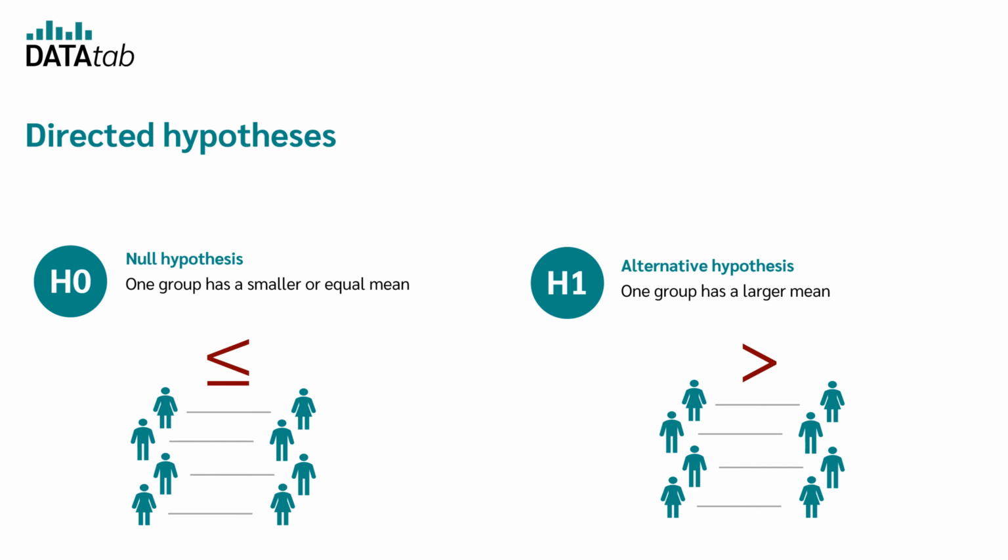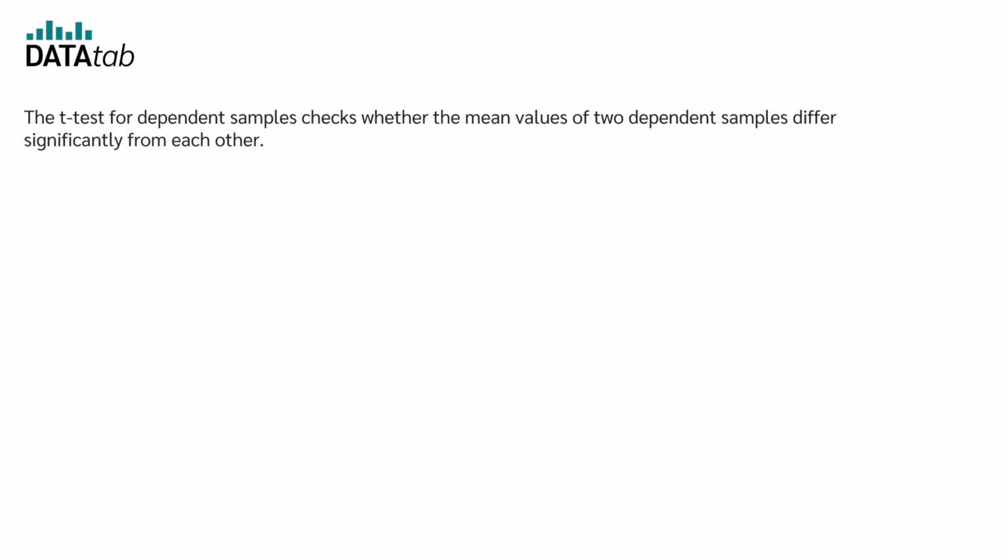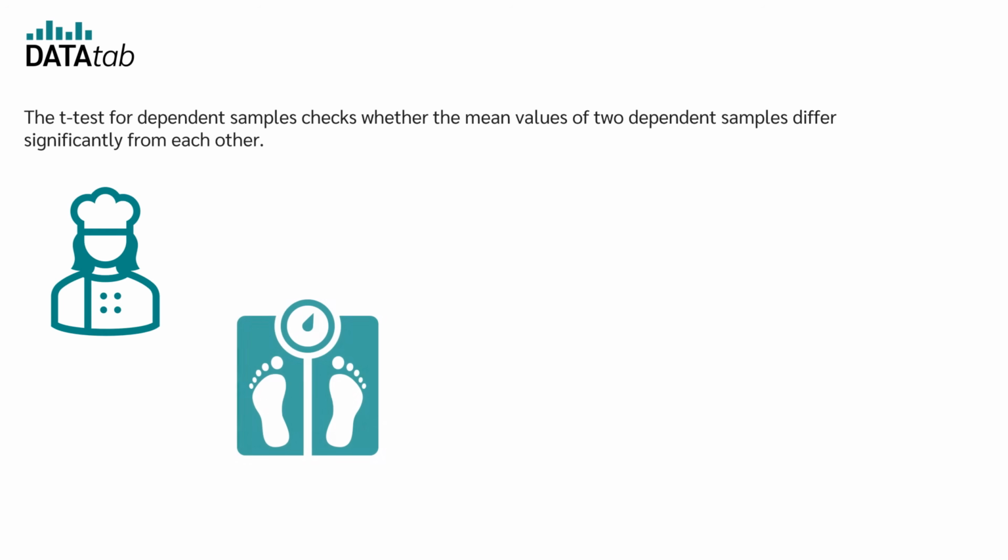How does the dependent t-test work? Of course, we'll look at this using an example. To recap, the dependent samples t-test tests whether the means of two dependent samples are significantly different from each other. Let's say you want to test whether a diet program developed by a celebrity really has an effect on people's weight.